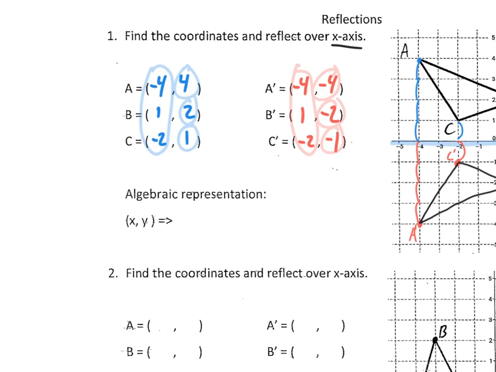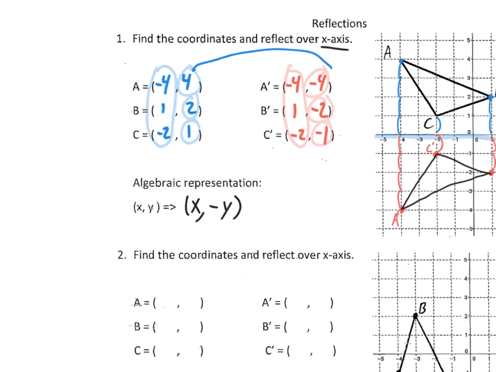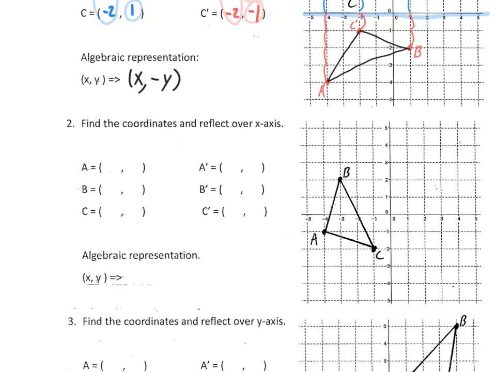So when I'm coming up with the algebraic representation, I would expect x to remain the same. Our y's changed sign. From here to here, the sign changed. So y is going to be negative. That's our algebraic representation.